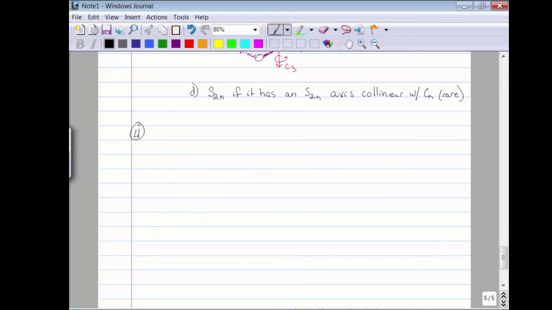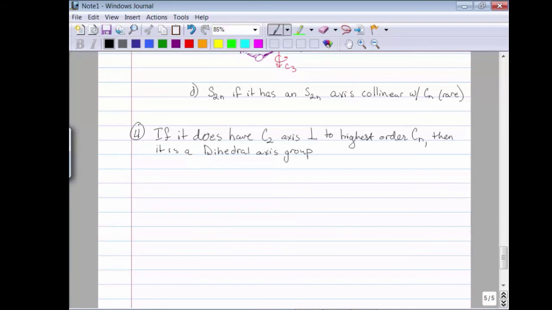If you do, so if it does have a C2 axis perpendicular to the principal axis, then it is a dihedral axis group. And we represent these groups with D for dihedral.